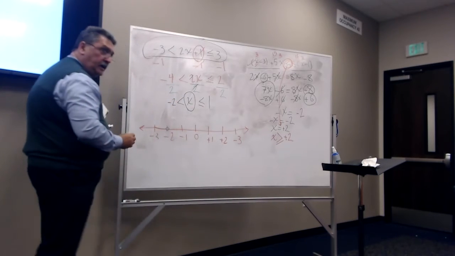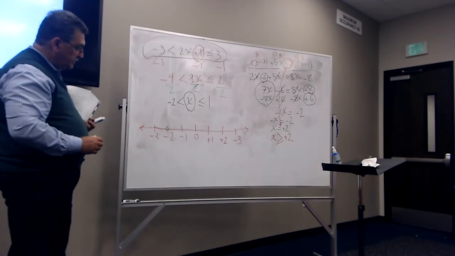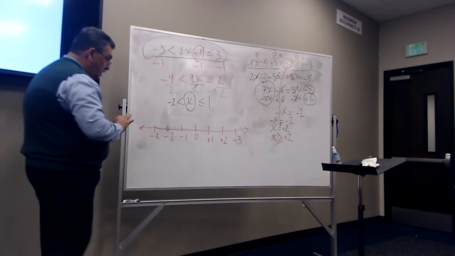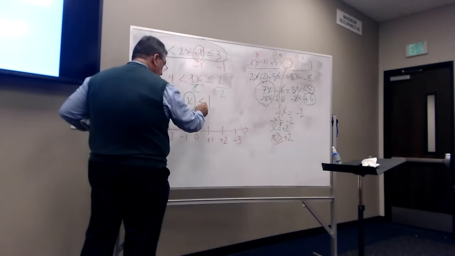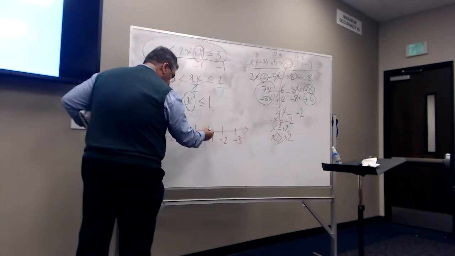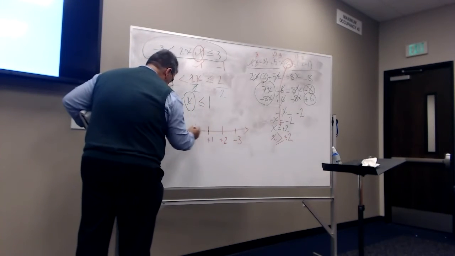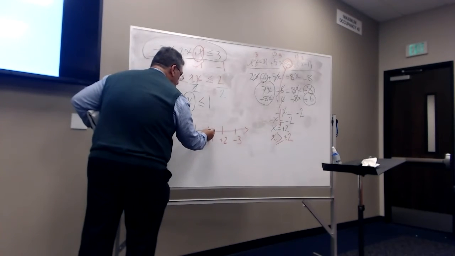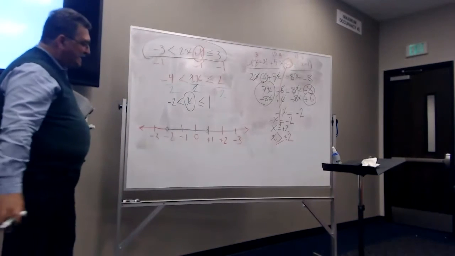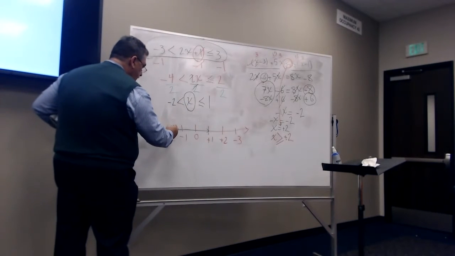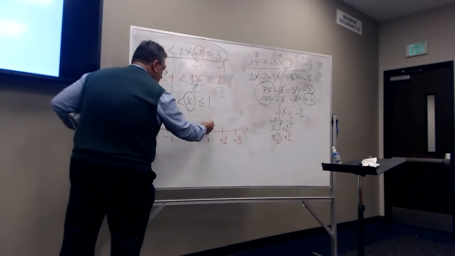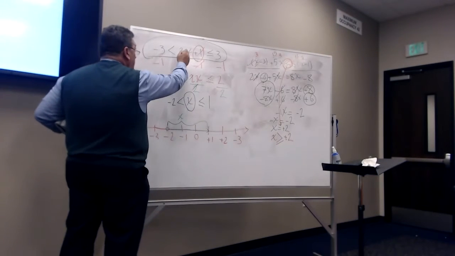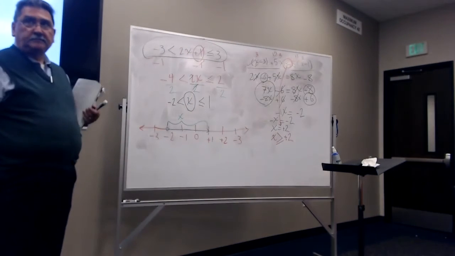So I leave it an empty circle. Going all the way, but less than or equal to a positive one. So from here, in this range for x, this inequality holds.